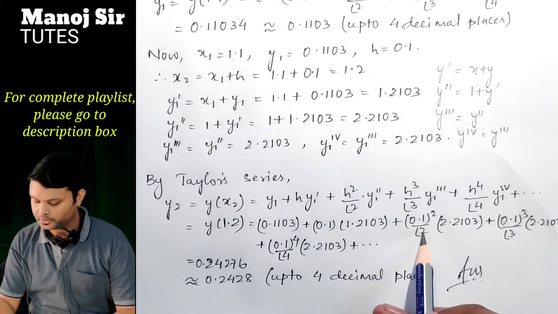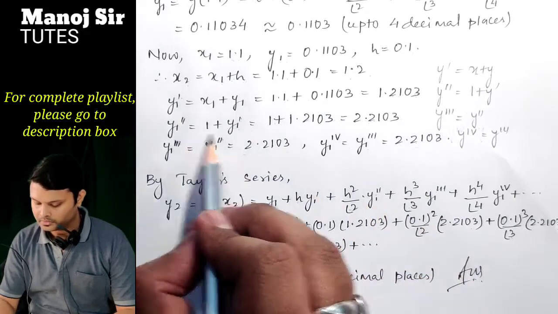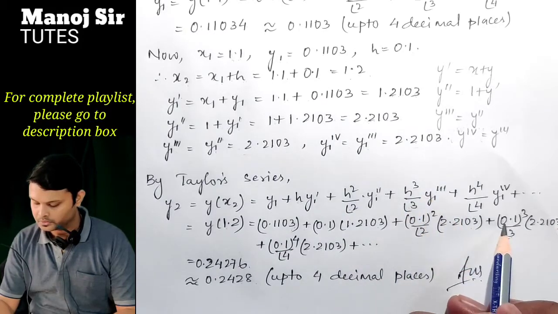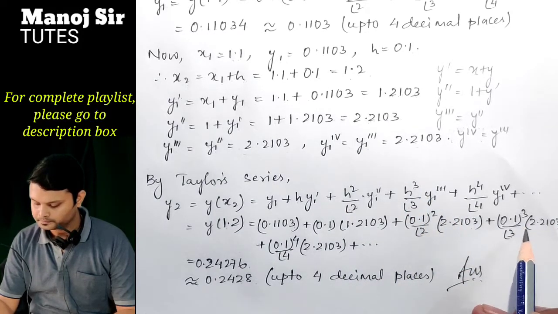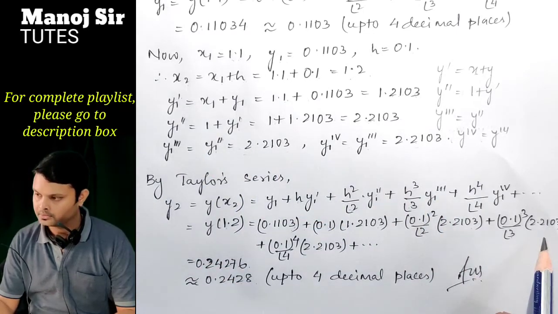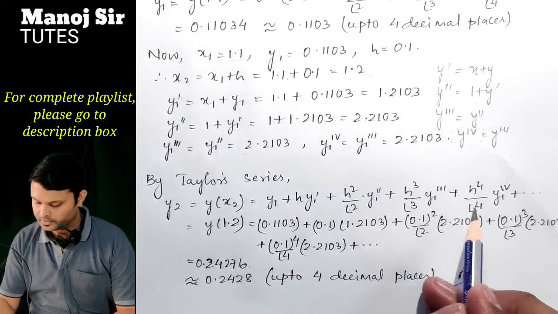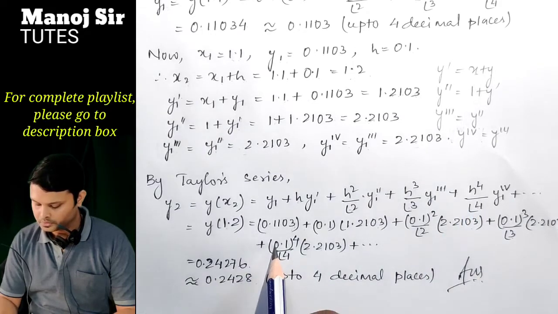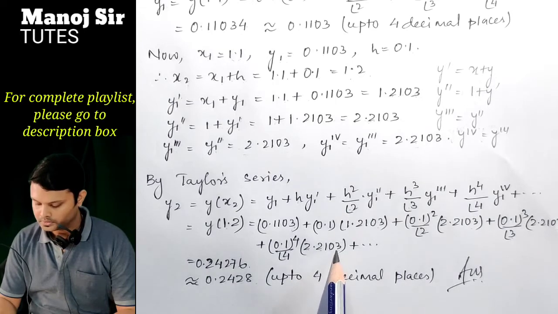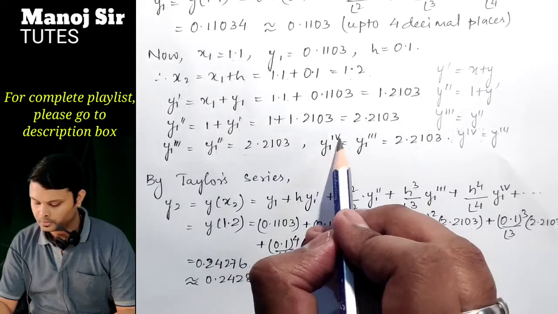So 0.1 whole square upon factorial 2, in place of y1 double dash we will put 2.2103. Now coming to this term, 0.1 whole cube upon factorial 3 into y1 triple dash, that is 2.2103. Again we will have this term, 0.1 power 4 upon factorial 4 into 2.2103 as the value of y1 quadruple dash.